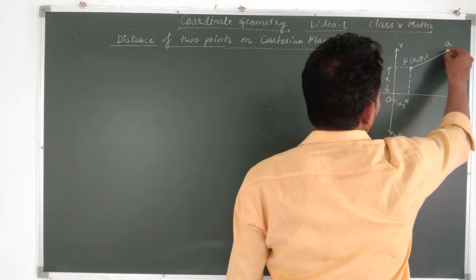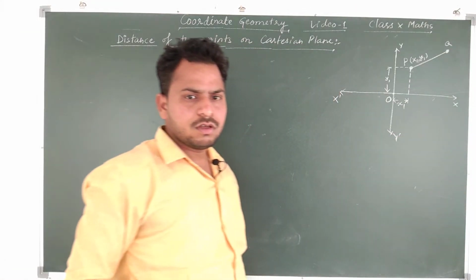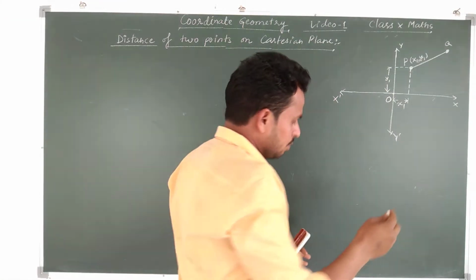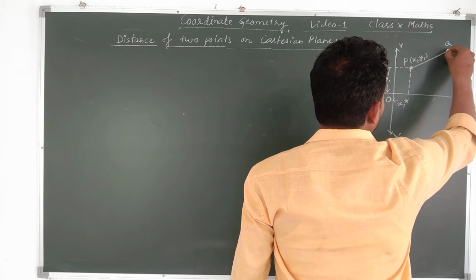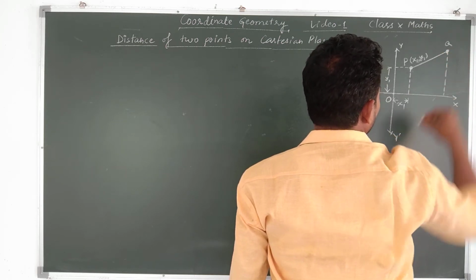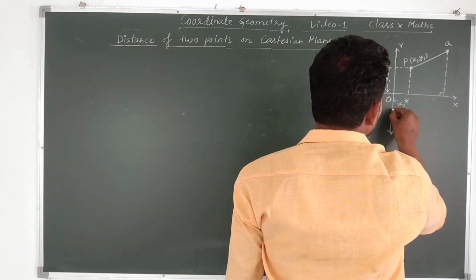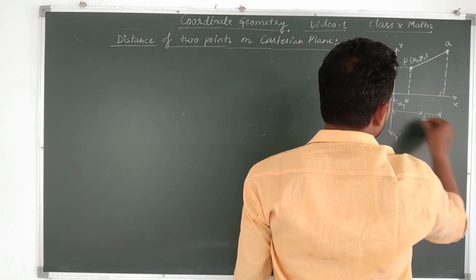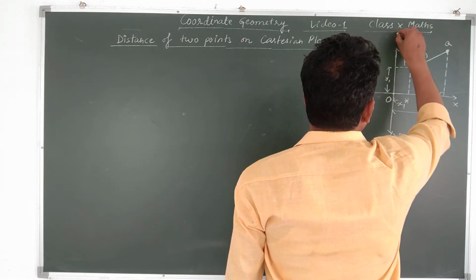And similarly we have the point Q. Again we draw a perpendicular from Q on the x-axis. Suppose this length is x2, and here we can extend it.